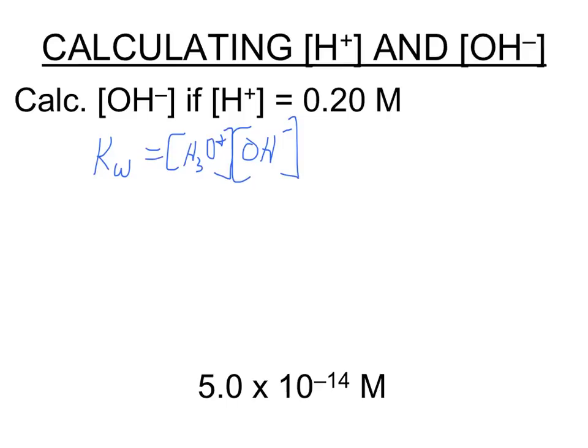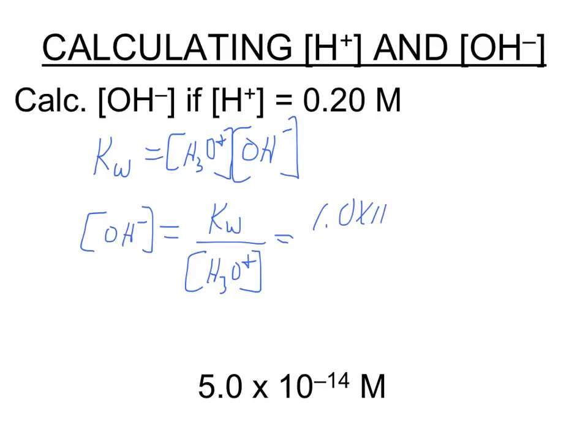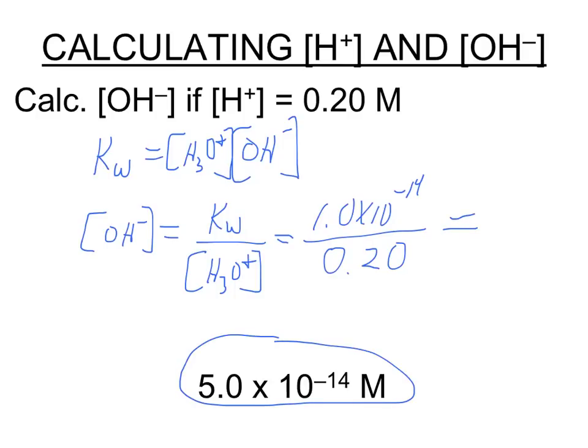So if I do that, I'll get the OH minus concentration equals kW divided by the acid concentration, which equals 1.0 times 10 to the minus 14th divided by my 0.20, and I wind up with that equal to 5.0 times 10 to the minus 14th.